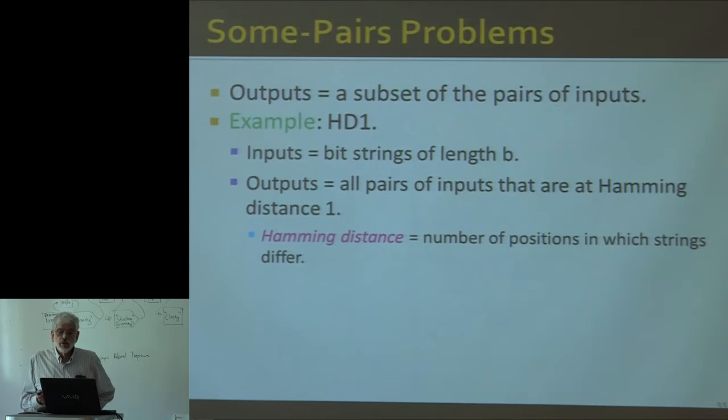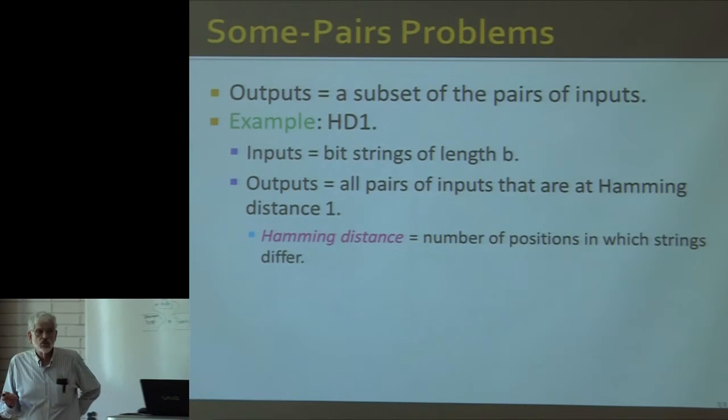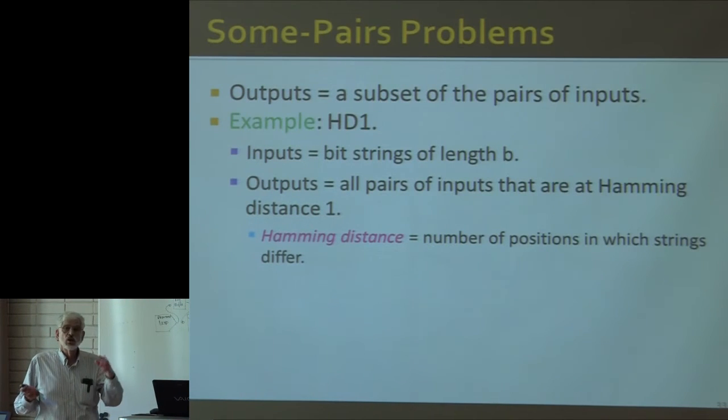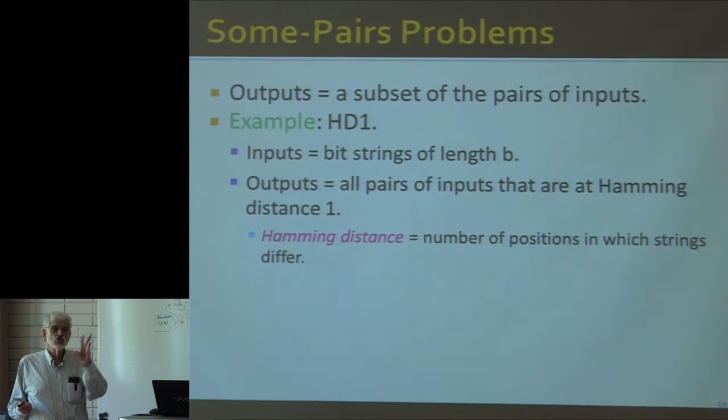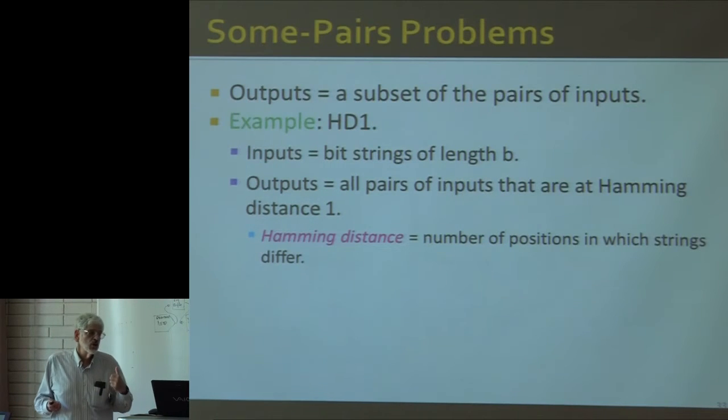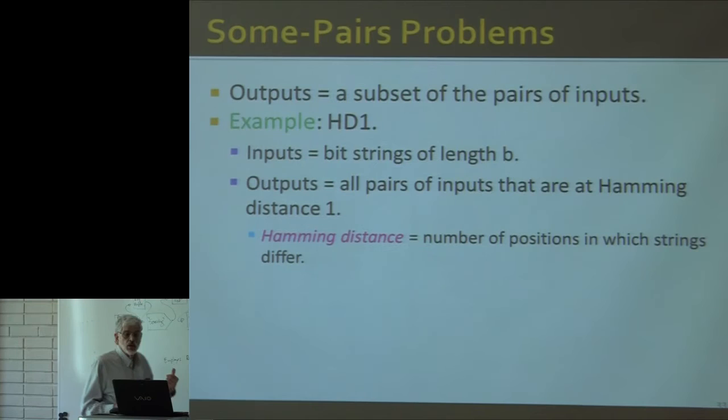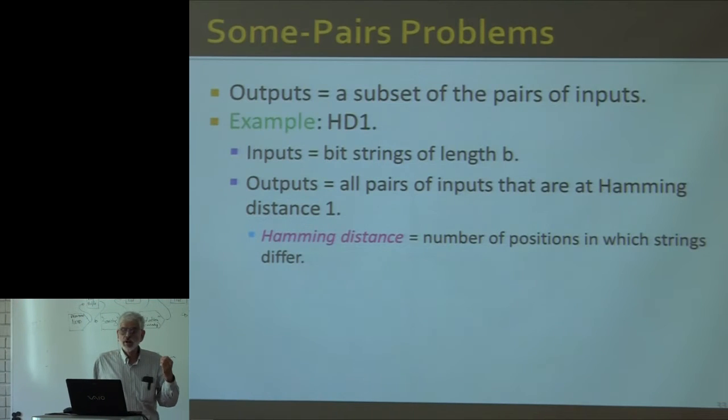And the outputs are all pairs of inputs that are at Hamming distance 1. The Hamming distance between 2 bit strings is the number of positions in which those bit strings disagree. So in the Hamming distance 1 problem, the outputs are all pairs of inputs that disagree in exactly 1 bit.